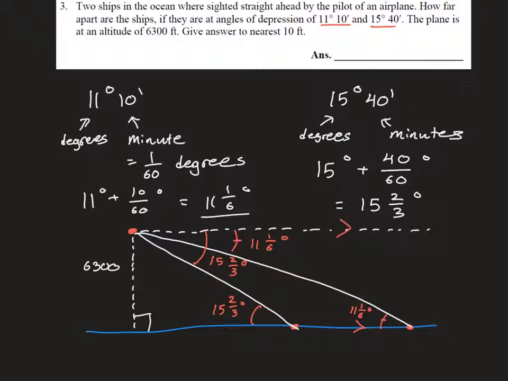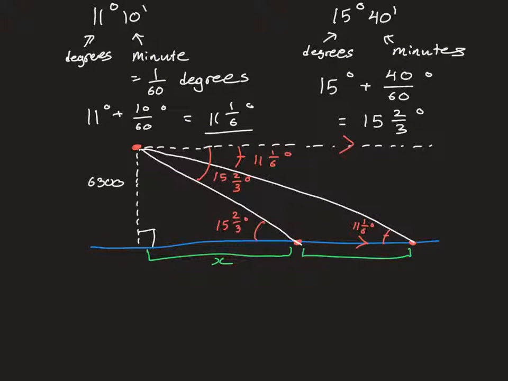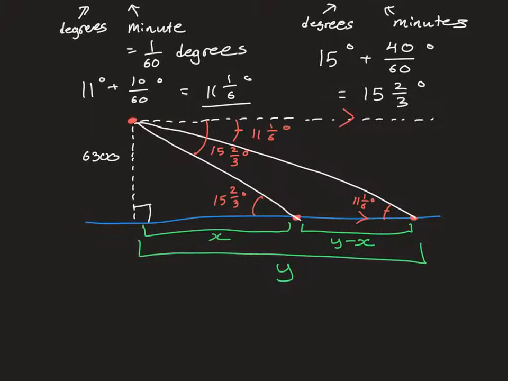And how does this help us? Well, we want to find the distance between the two ships, but to do that we need to find this distance here, which we'll call x, and the distance to the other one, which we'll call y. So y minus x is the distance between the two ships.